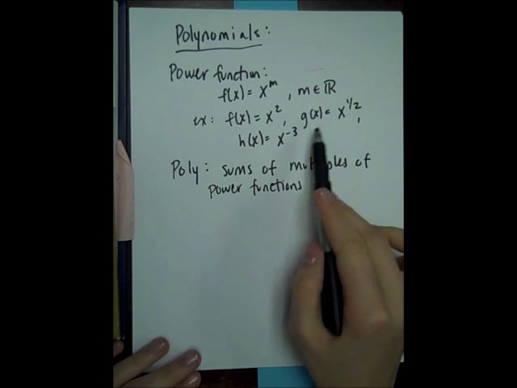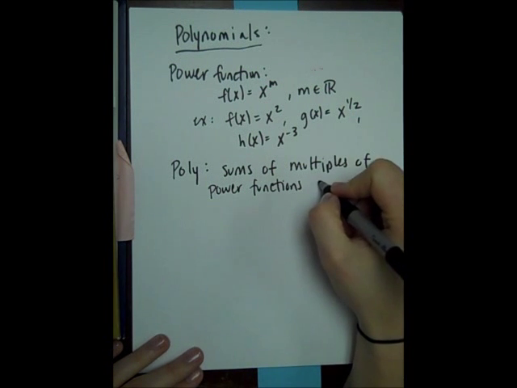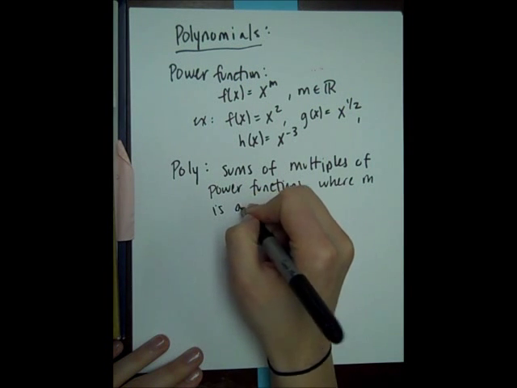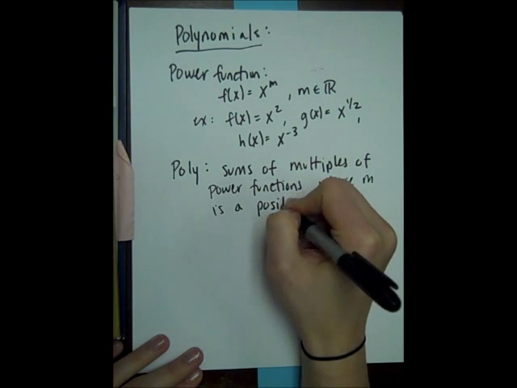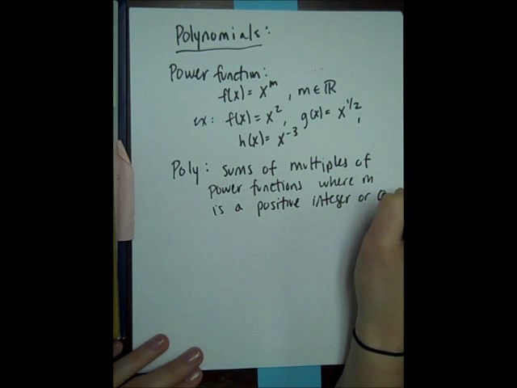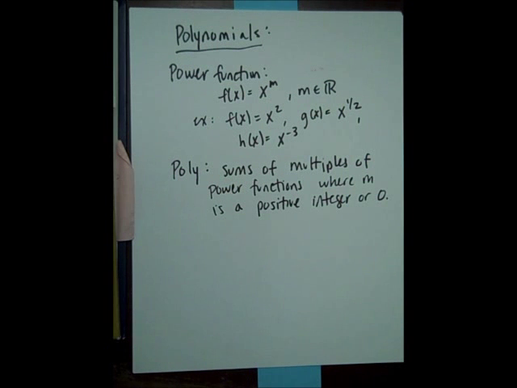I want to put specifications on what this exponent can be. So I want to say where m is a positive integer or 0. So I don't want to have any sort of fraction as my exponents. I don't want to have anything negative as my exponents. So those are going to be what a polynomial is.